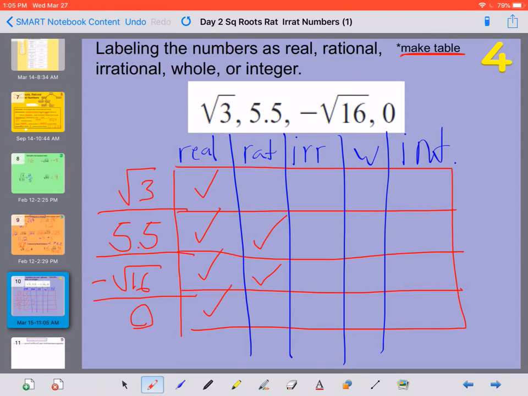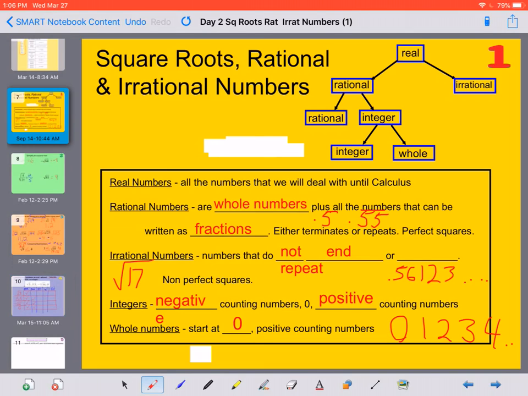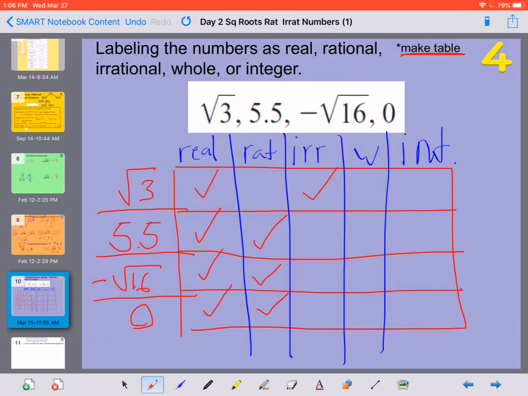And 0 is also something that we can count, so it's going to be rational. Now the square root of 3 is not a perfect square. Irrational numbers do not have perfect squares, so that has to be an irrational number. If it's irrational, it can't be anything else, so we've already completed the square root of 3.